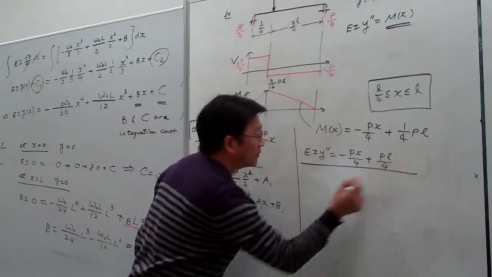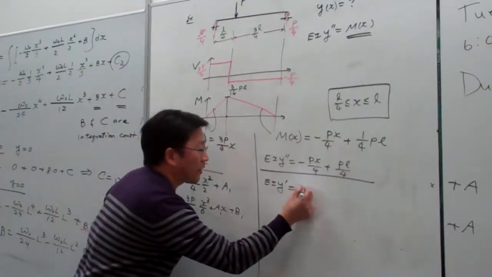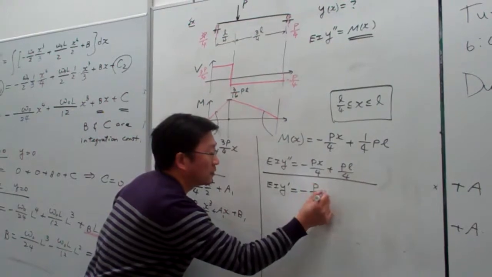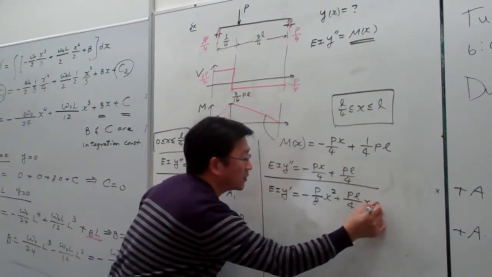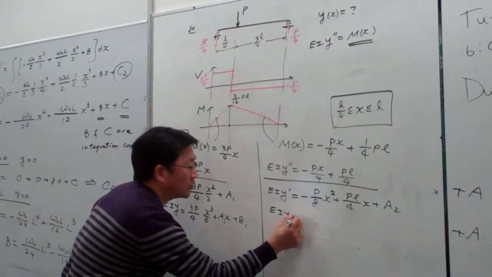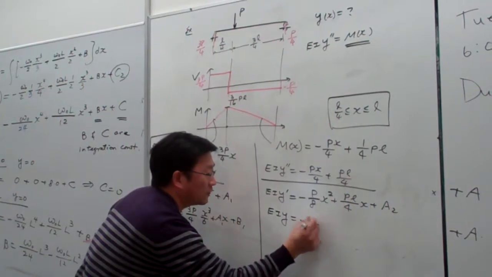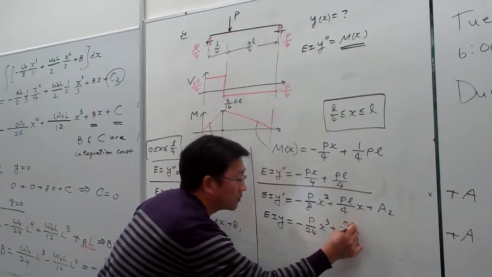And then for this one, EI y prime equals minus P/4 x squared plus PLx/4 plus A2. And EI y will be equal to minus P/24 x cubed plus A2 x plus B2.